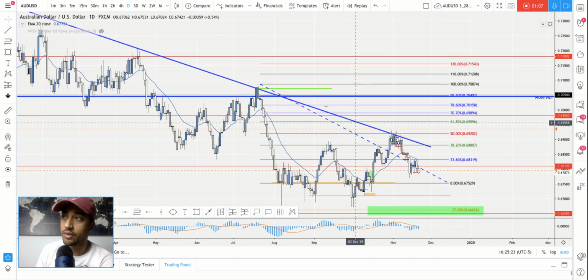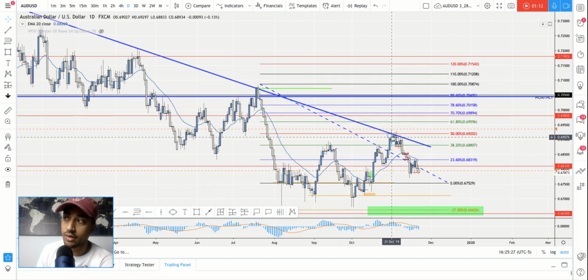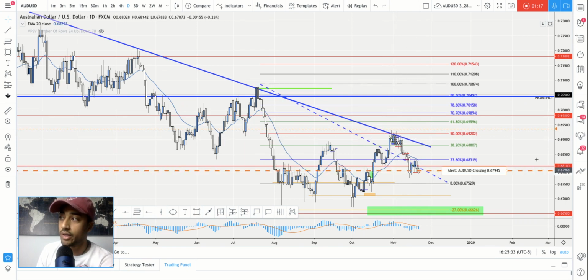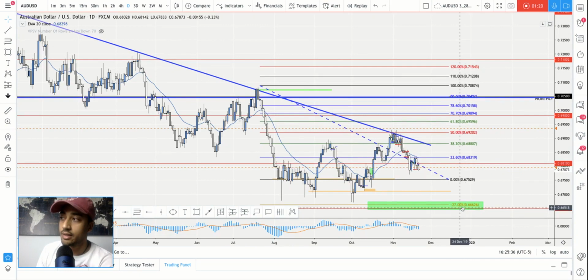So we have point A, point B, point C. As far as this 50% area, we already entered multiple times in this area right here, and we're holding this trade for the continuation to the downside to this area right here.